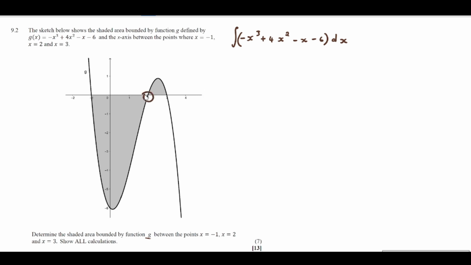2 is the bigger number, so it goes up, and then we have negative 1 here, it comes down here. Very much important. Yeah? And then you integrate what's inside, before you can do the substitution.